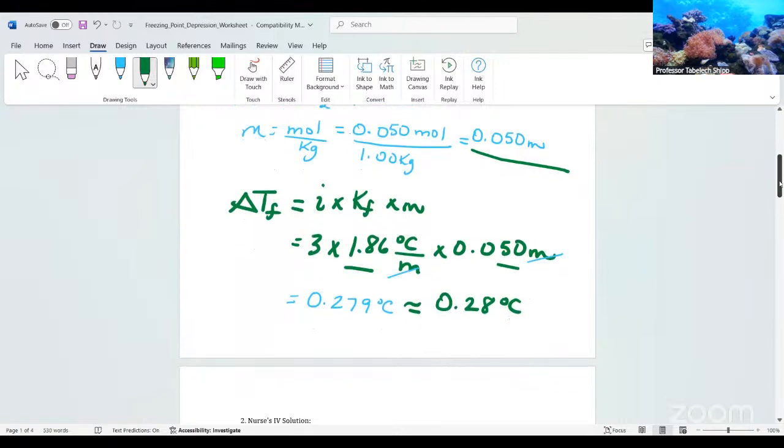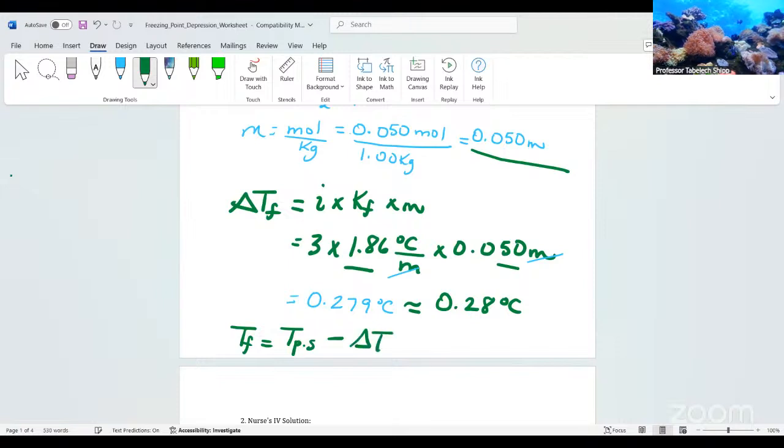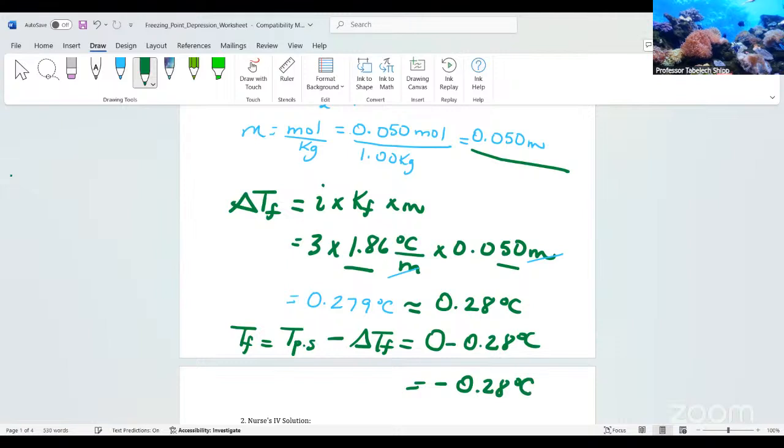So guess what we're going to end up with here? If we take our temperature of our pure solvent, I'm putting P.S. just because of space, minus our delta T_f, and this case was water, 0 minus 0.28 degrees Celsius will give us negative 0.28 degrees Celsius. And guess what?